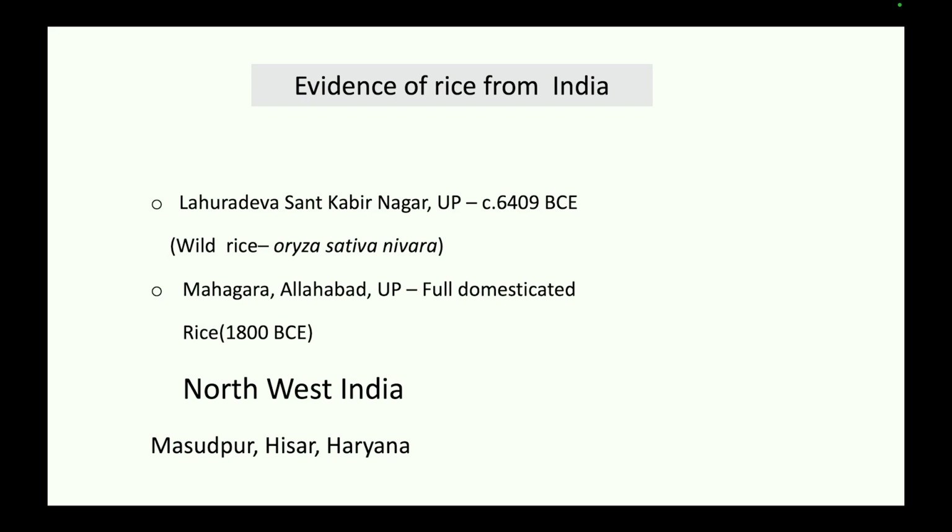From Mahagara, which is situated near Allahabad, Uttar Pradesh, fully domesticated rice has been reported, and the date is 1800 BCE. In northwest India, in recent dates, Masudpur is very important for rice discovery. This site is situated in Hisar, Haryana, and is a very important site in the Rakhigarhi hinterland.